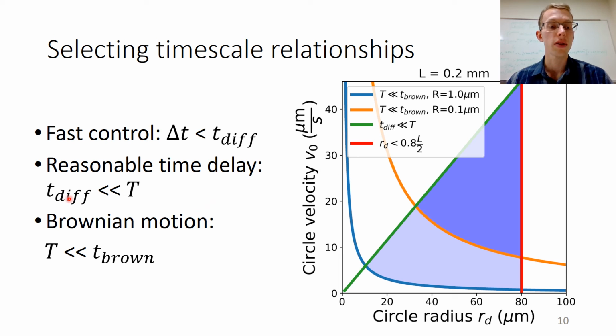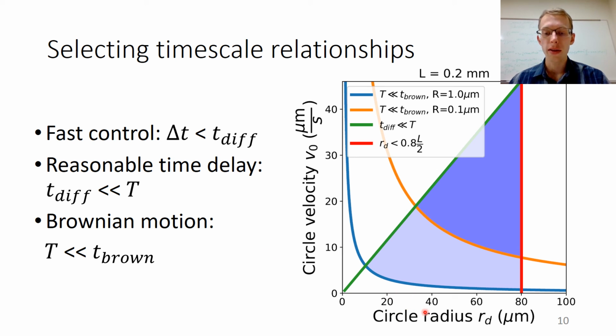For this one, our solute diffusion time must be much smaller than the period of the trajectory. This provides a bound on what trajectories are possible. And our third rule, for Brownian motion to be small enough, we need the period of the trajectory to be much smaller than the Brownian diffusion time of the particle. This provides another bound on what trajectories are able to be dealt with.